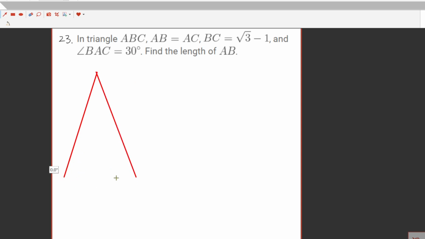And BC equals square root 3 minus 1. We know the length of BC, and BAC is 30 degrees, so let's label them. This is point A, B, C. BAC is 30 degrees, and BC is given, okay, find the length of AB.